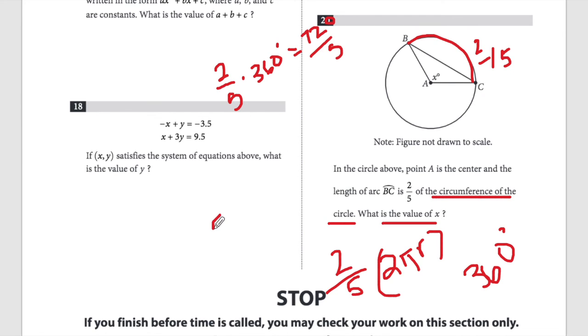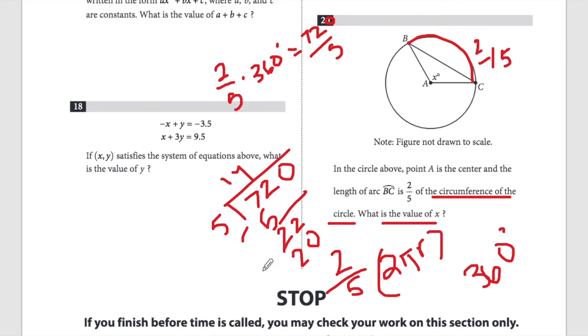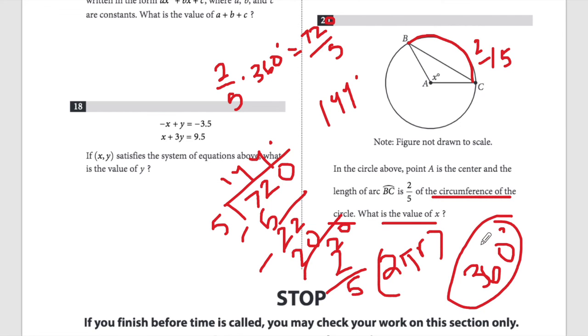So 720 divided by 5 gives me 144. So as you can see, 2/5 of 360 is 144 degrees, so my answer is 144 degrees. If I just take 2/5 of the total, and since a circle is 360 degrees, I multiply by that, I'm going to get my answer.